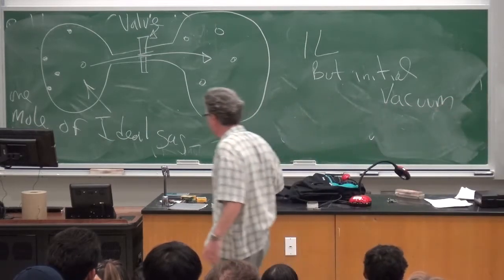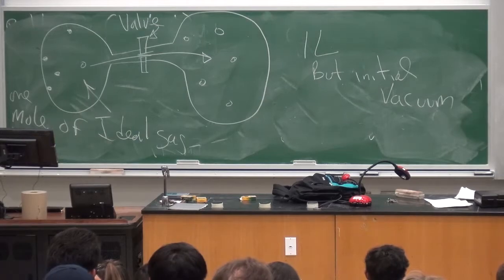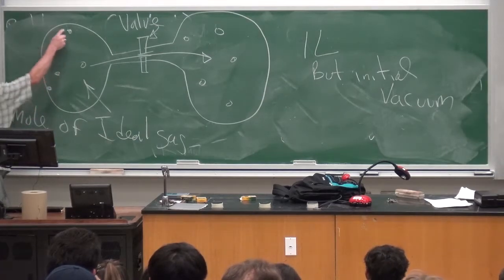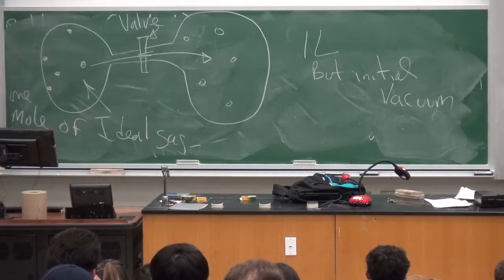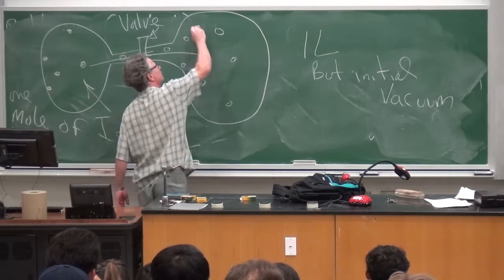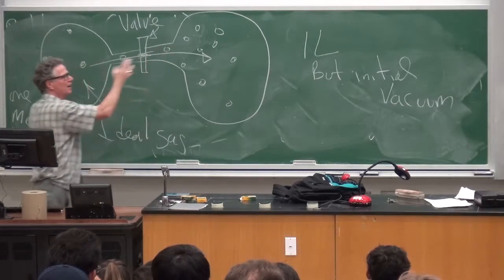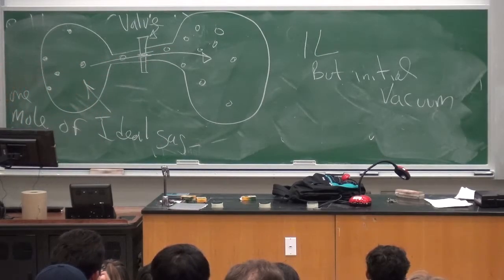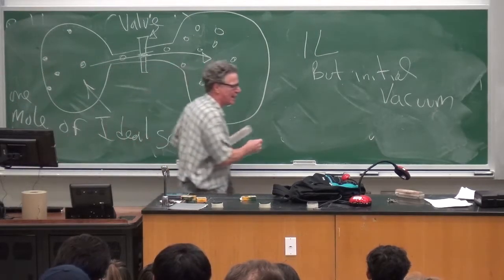Because before, yes, this molecule could take any position anywhere over here, but now it can go here and here and here and here and here. So all these molecules now are randomly walking through these 2 1-liter flasks. The ways to arrange those molecules has increased dramatically.